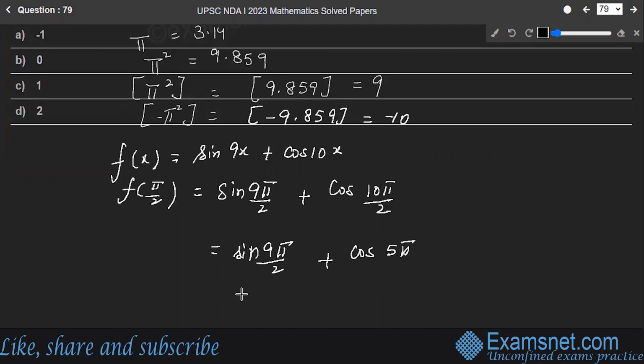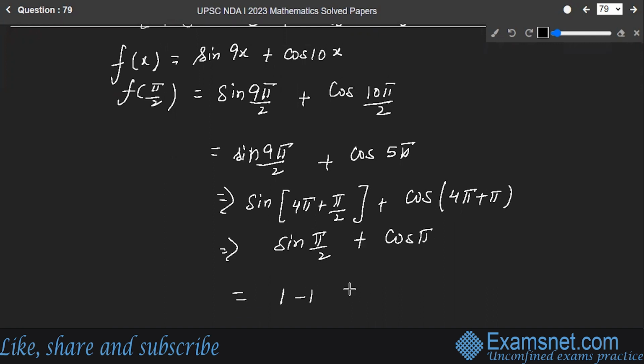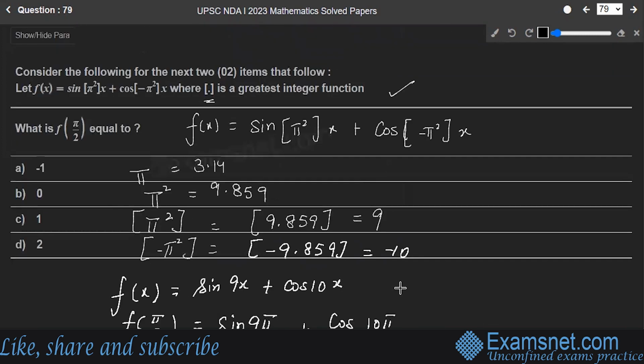So 9 pi by 2 is sine of 4 pi plus pi by 2, plus cos of 4 pi plus pi, which is sine pi by 2 plus cos pi, that is equal to 1 minus 1, that is 0. So the answer to the question is 0. We have option B as the answer.